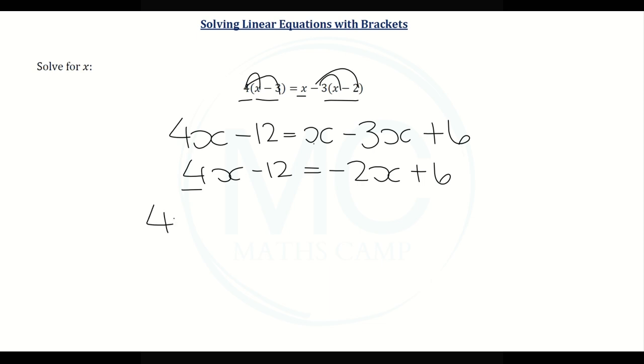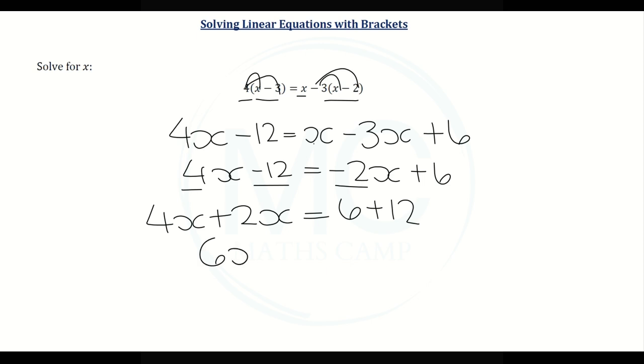Let's have 4x, which is already there. Now we're going to move negative 2x by making it positive 2x. On the right-hand side, we've got 6. And then we're going to move negative 12 and make it positive 12. On the left-hand side, 4x plus 2x is 6x. And on the right-hand side, 6 plus 12 gives us 18.